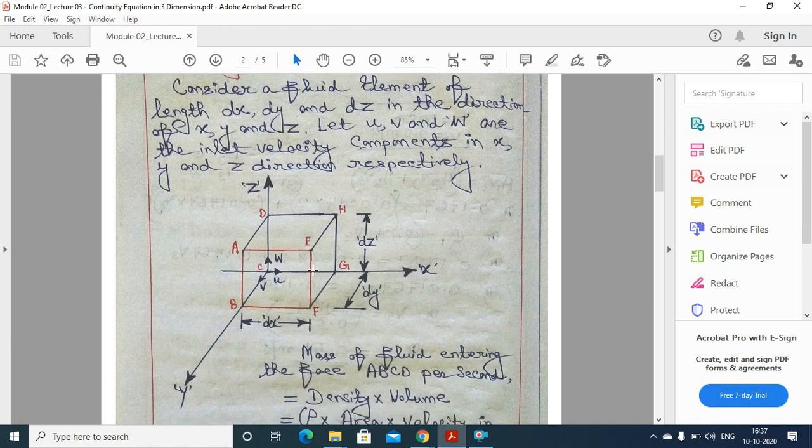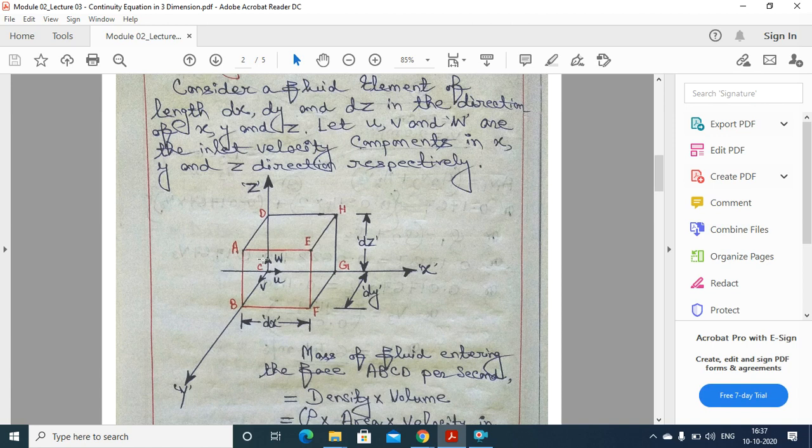Now, in this fluid element, here is the face ABCD, and this is another face EFGH.